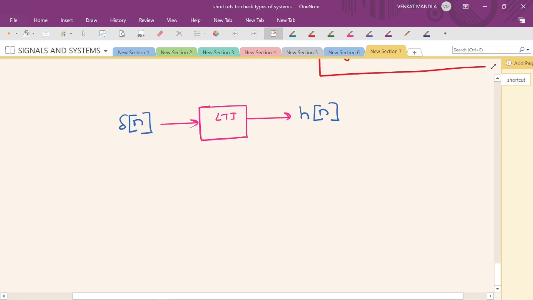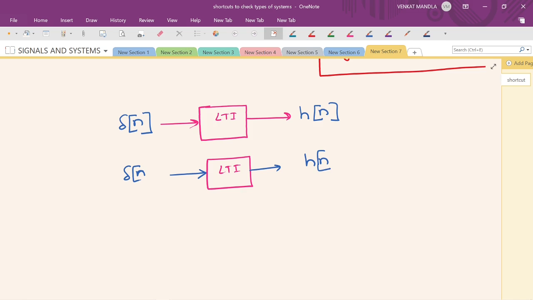That is the impulse response. Now for the same LTI system, this is delta of n, this is h of n. I will apply some delay, that is, the delay is some k.